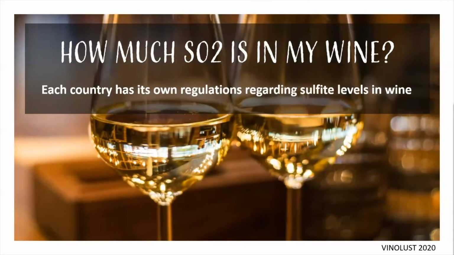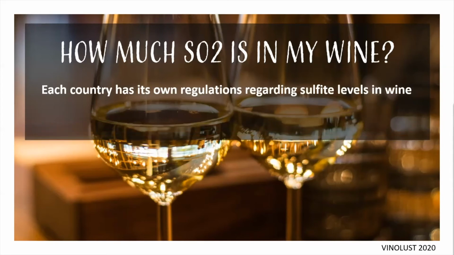So the question, of course, is how much SO2 is actually in your wine. This is going back to this idea of what we are talking about when we're talking about sulfites. Every country has its own regulations for what is required, and most of it, again, is not put on the label, so there's really no way for you to know. But generally speaking, the label that says contains sulfites is only required if there's more than 10 parts per million, which, as I mentioned, is pretty much every wine.